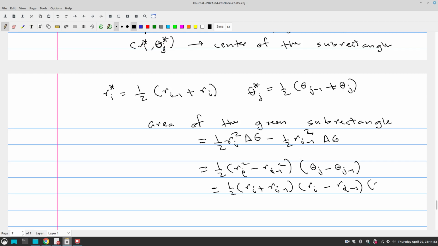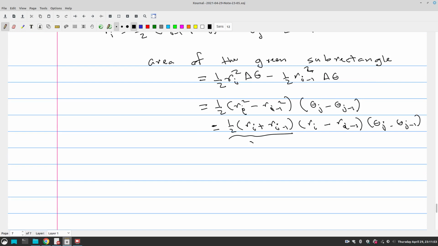And theta j minus theta j minus 1. So this bit is of course equal to Ri star. This is Ri star, and this is delta R, and this is delta theta.